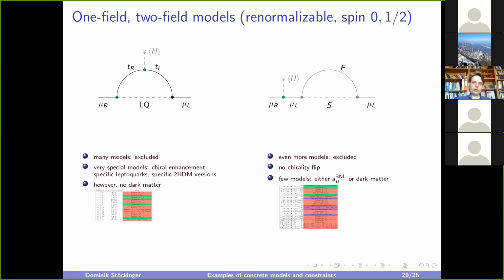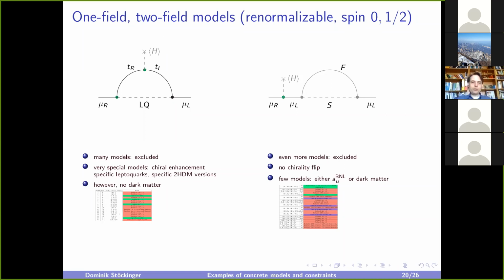However, in general, if you go through all possible quantum numbers of 1 field extensions, then most of them, or at least many, cannot accommodate the current g-2 value, because either they automatically only give negative contributions to g-2, or the contributions must be very small because of LHC limits. And in particular, they are usually too small if there are no chiral enhancements.